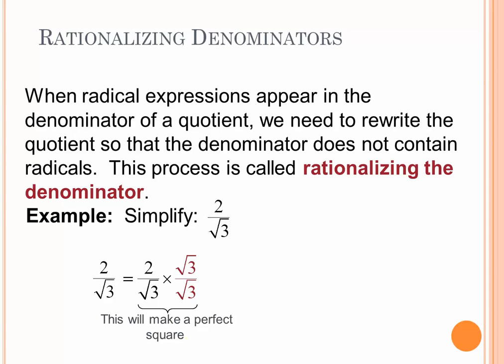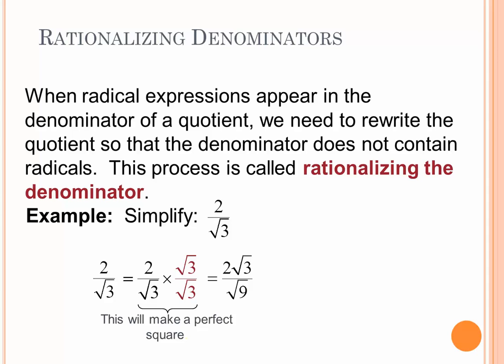And when you multiply the square root of 3 times the square root of 3, it becomes 3. And again, we haven't changed the problem. As you can see in red, the square root of 3 divided by the square root of 3 is just 1. When you multiply fractions, you multiply numerator times numerator and denominator times denominator.